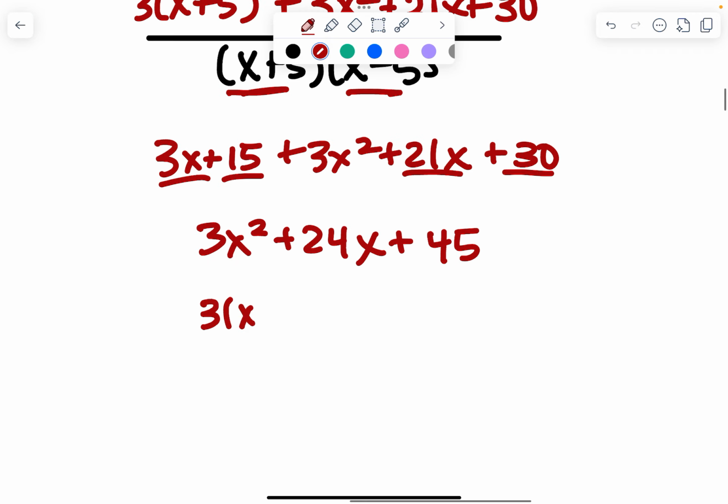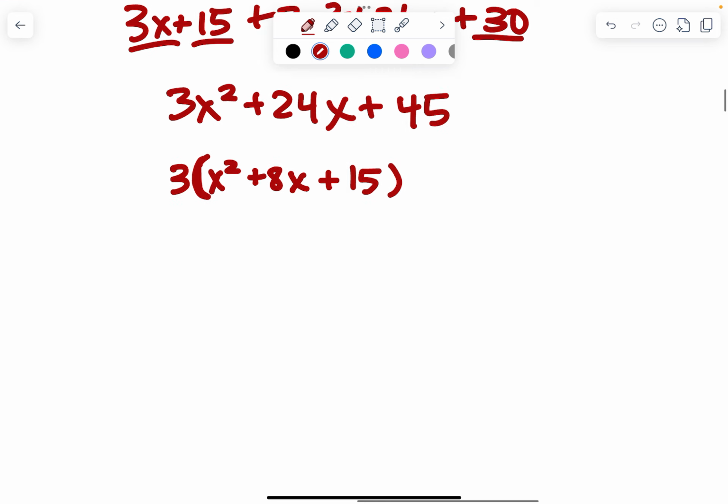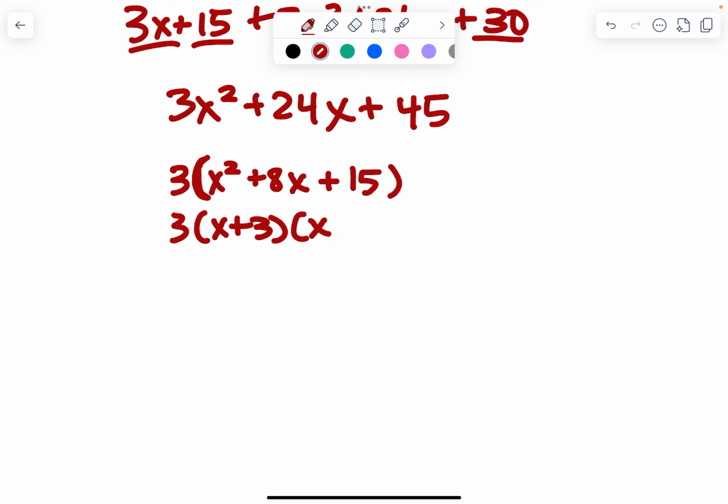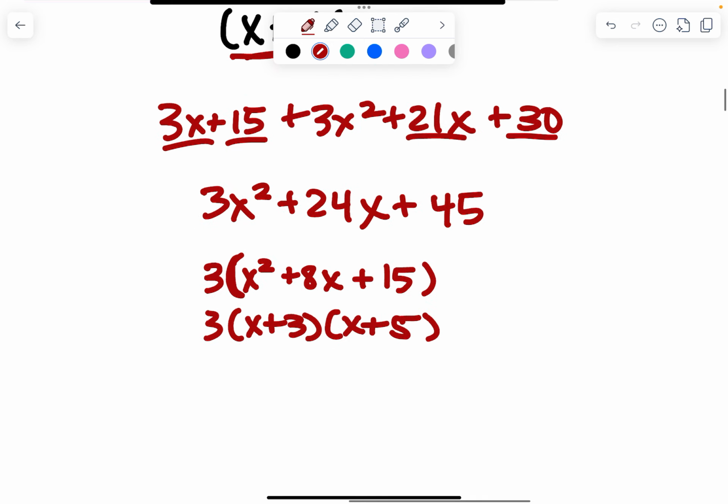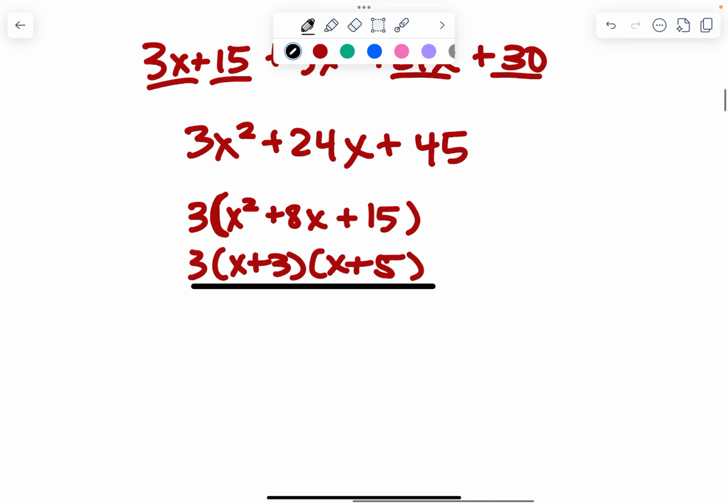So the first thing I'm noticing is 3 as a GCF, so I'm going to go ahead and factor that out. And then two numbers that multiply to 15 but add to 8 are 3 and 5. And so that's the numerator in its factored form. And then when I bring back the denominator, which was x plus 5, x minus 5, we do end up with a common factor.